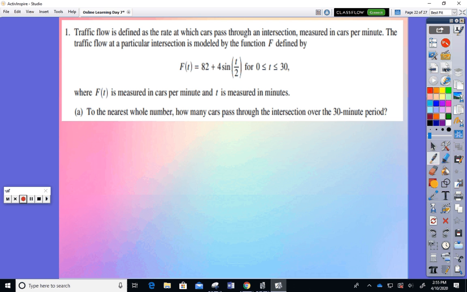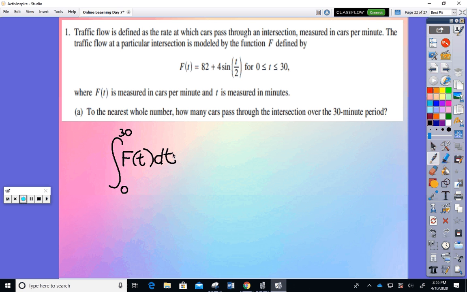To the nearest whole number, how many cars pass through the intersection over the 30-minute period? Okay, I want the amount of cars that go through the intersection. Guys, all I have to do is integrate the rate at which cars go through the intersection. So it says over the 30-minute period, so going from 0 minutes to 30 minutes of f of t dt.